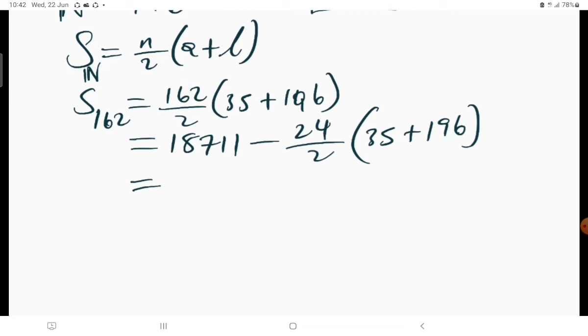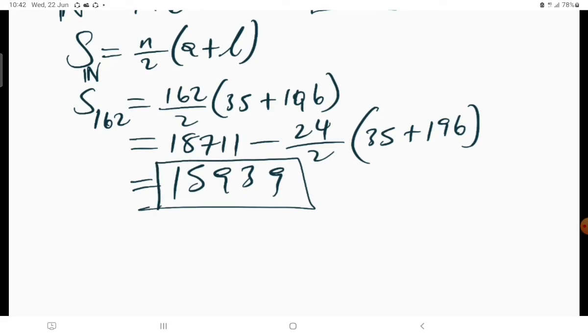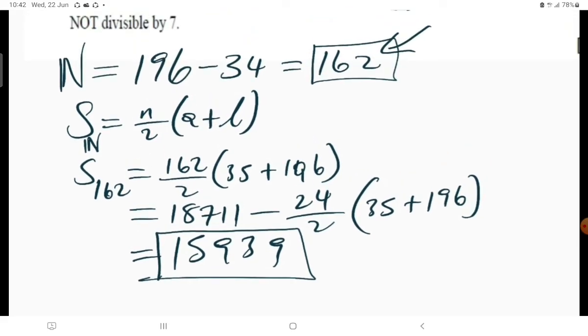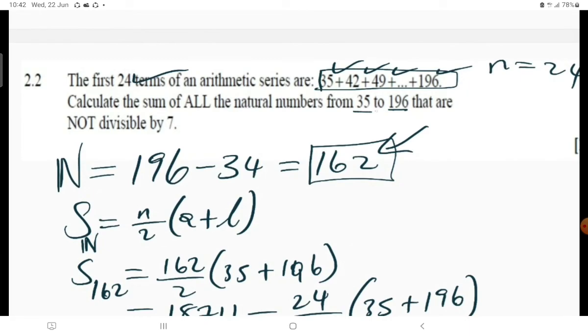So we have 18711 minus 24 over 2 times (35 plus 196). This is what we have, and the number that we got is 15939.